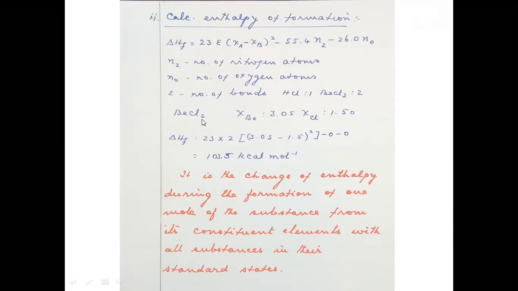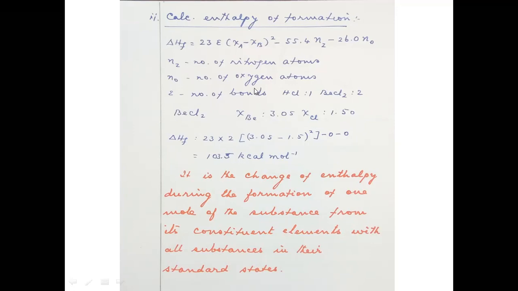So for BeCl2, the electronegativity of beryllium is 3.05 and the electronegativity of chlorine is 1.50. So as a model calculation, delta H_f is equal to 23 multiplied by 2, because there are 2 bonds, beryllium to chlorine and beryllium to chlorine on the other side.